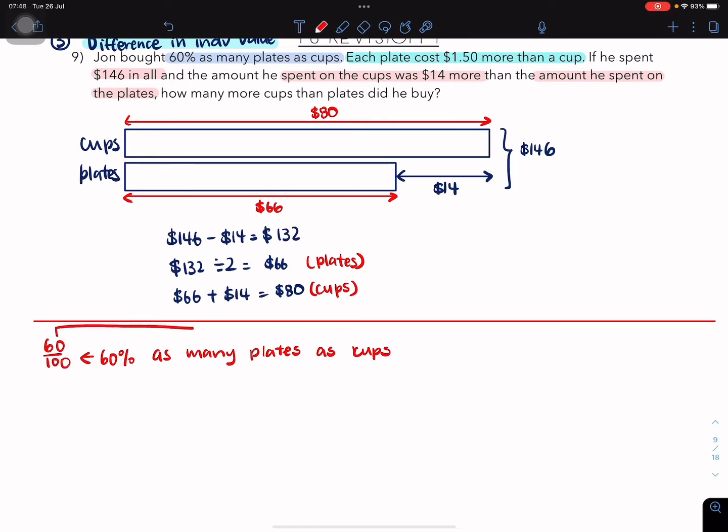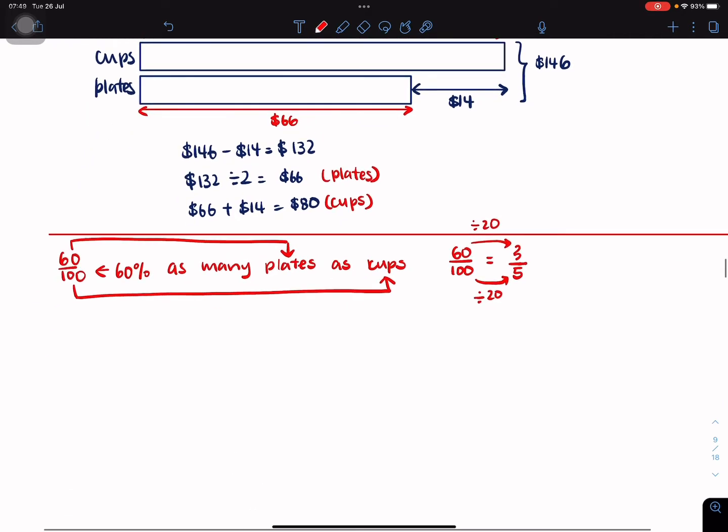That means 60% as many plates, 60 units of plates, 100 units of cups. However, am I really going to write 60 and 100? Too big a value, right? So let's simplify. It is equivalent to 3 over 5. Divide by 20. Divide by 20.